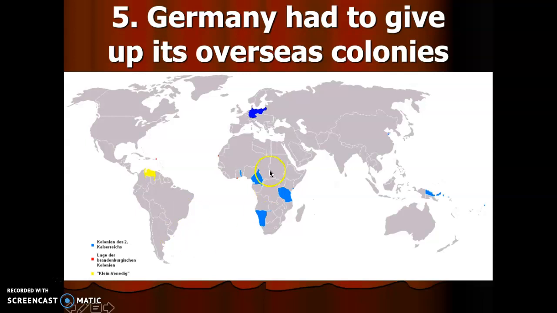Also, they had to give up overseas colonies as well. So we're basically reducing Germany to nothing. Good way to remember this is basically understanding that they have to accept blame, they have to reduce their military, they have to give back money, $33 billion, and they have to give up their land.